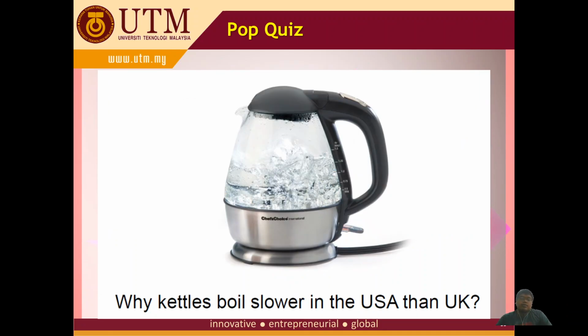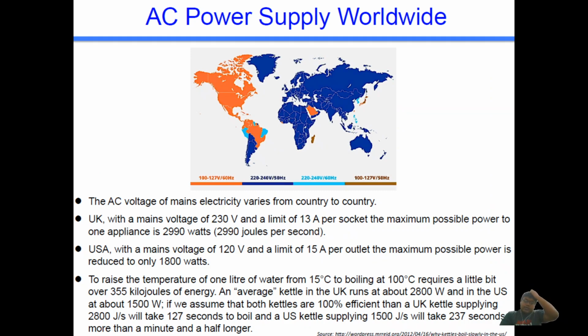Why does a kettle boil slower in the US than in the UK? I always give this in my class. In the UK we use a 50 hertz system, but the US uses a 60 hertz system. For the UK, they use 230 volt and a limit of 30 amp.